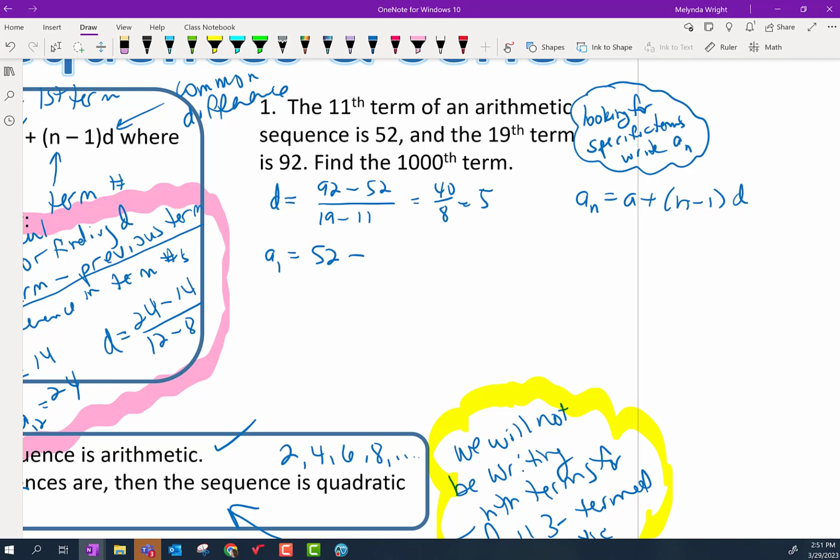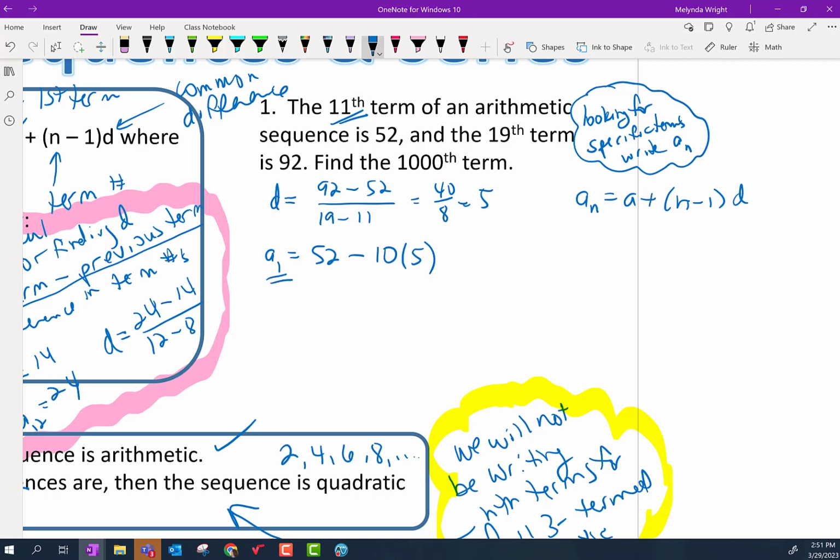We take the 52, which is the 11th one, and there are 10 terms that we want to get rid of. The terms all have a common difference of 5, and that's going to take me back to the first term.